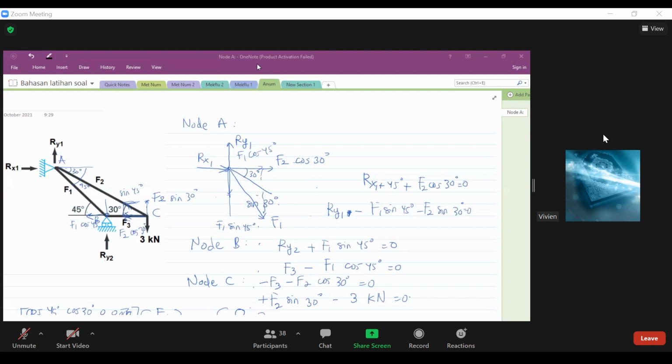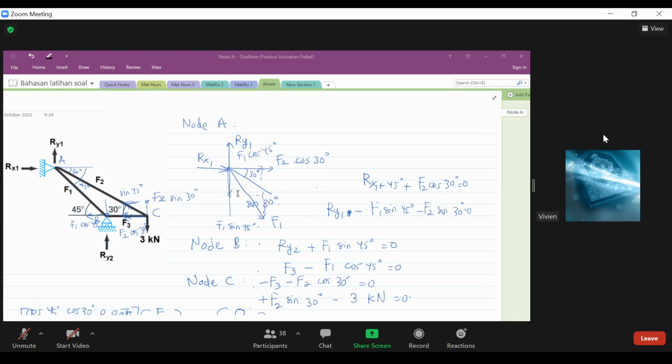Okay, so this is the calculation for the free body diagram. We have to make the calculation for each of the nodes. For the first node here, we want to get the value of Rx1 and Ry1, and also find the components of F1 and F2.